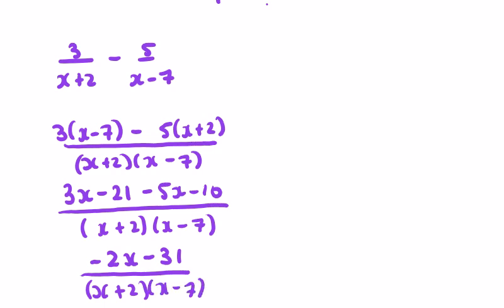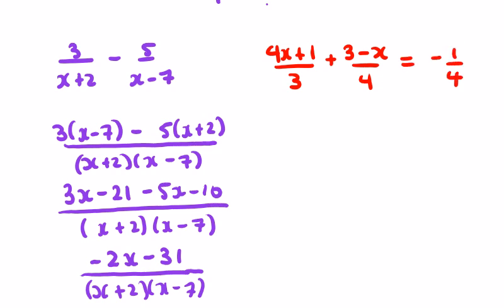And then where these questions get really tricky is when we have to solve an algebraic fraction, but we do it exactly the same way. So what if we had 4x plus 1 over 3 plus 3 minus x over 4. And we could let this equal to, let's say, minus a quarter, just to give it something a little bit awkward.